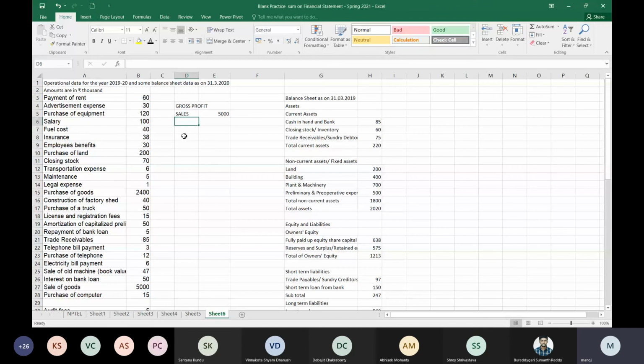Now from sales you have to estimate cost of goods sold, that you deduct to get gross profit. Whatever I showed is a very simplistic case of gross profit estimation. This applies in case of a retail store, but if it is a manufacturing company, then cost of goods sold estimation is slightly more tricky.